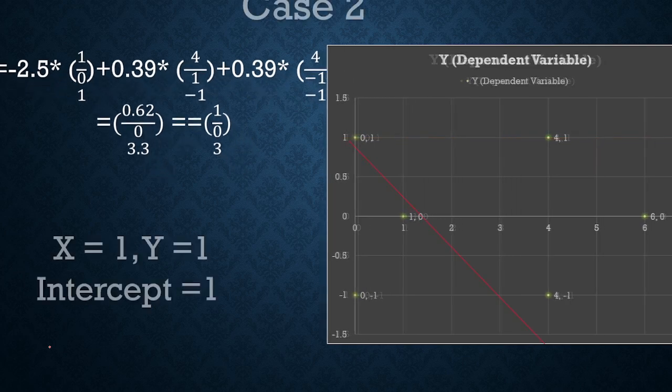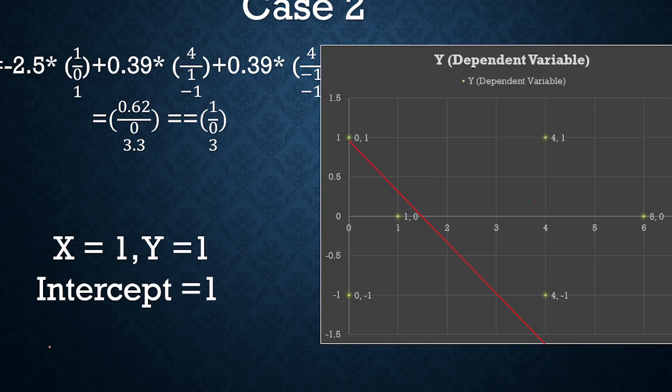In the same way, we will be having three case studies. One is x equals 1, y equals 0, which is parallel to the y-axis. x equals 0, y equals 1 will be parallel to the x-axis.